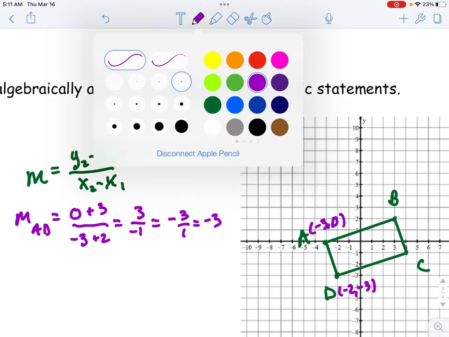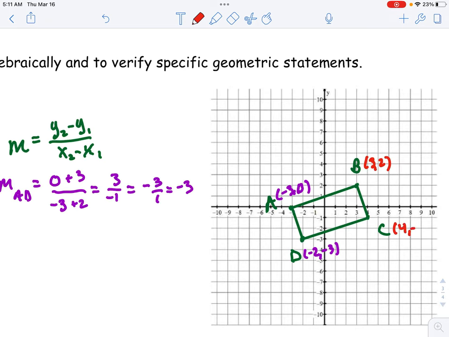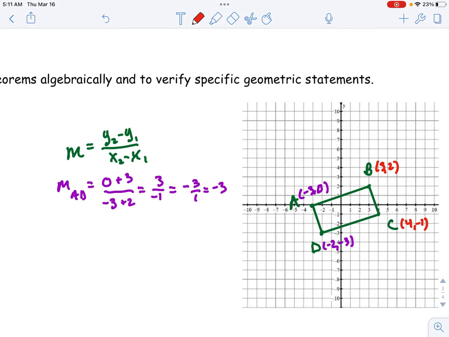And let's do the same. Let's do the slope of BC, which is 3, 2. And that's for negative 1. Alright. 2 plus 1. And then 3 minus 4. And that's it right there. Alright. So, is it important that these lines are parallel?